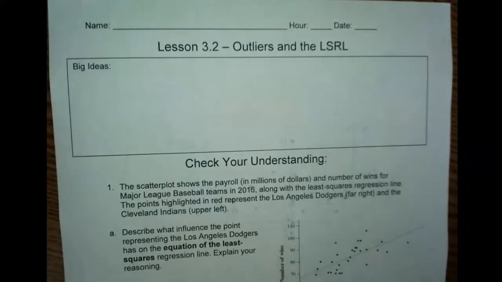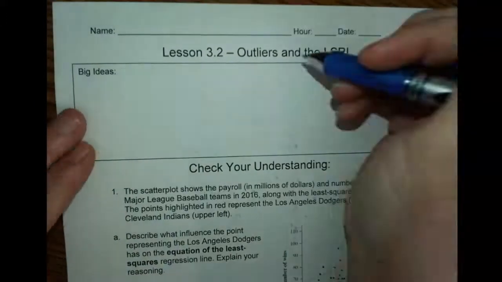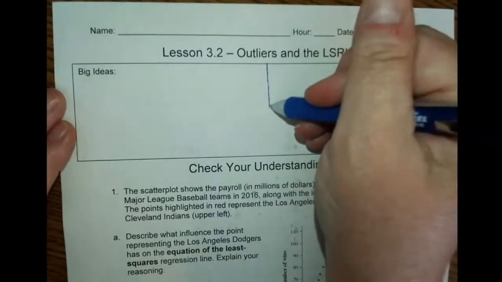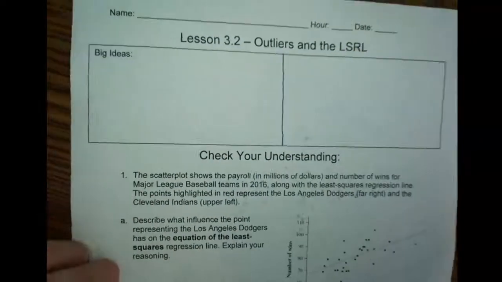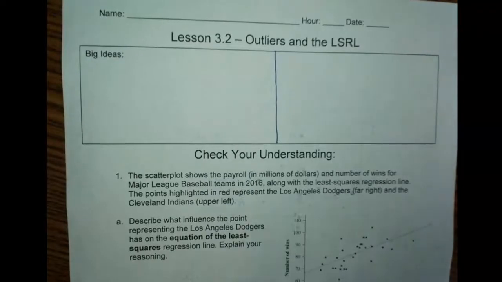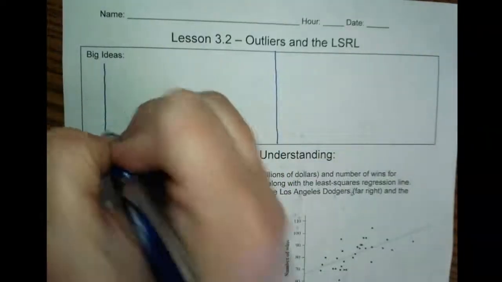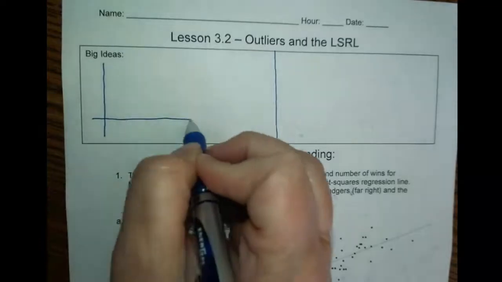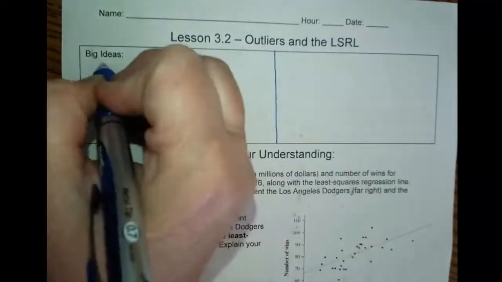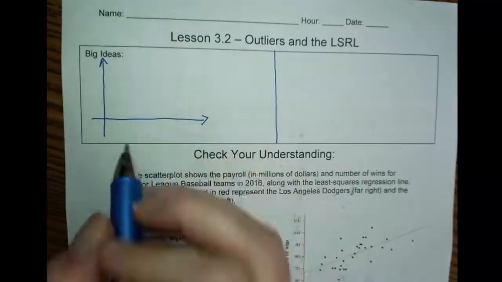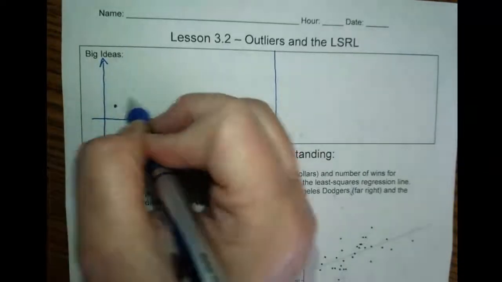There are 2 things, and we can split it almost half and half, but not quite. So we have our scatter plot. On your scatter plot, you can have some data.